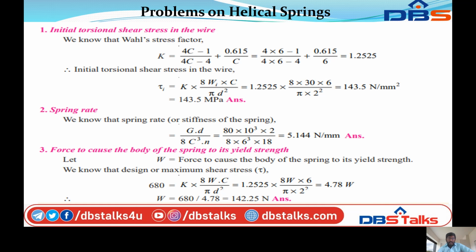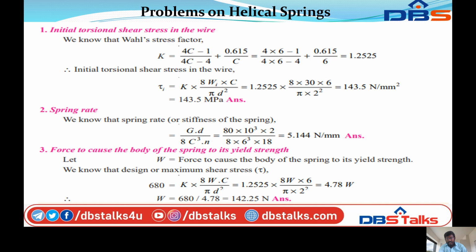So next you can calculate the spring rate. So we know that spring rate, or stiffness of the spring, is equal to capital G into d by 8 into C cube into N. So this formula was already given in the previous class.